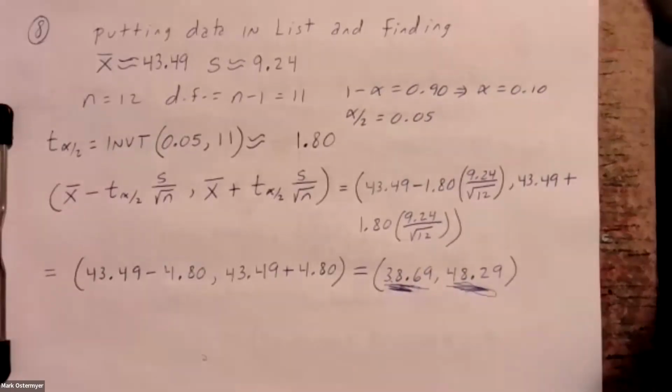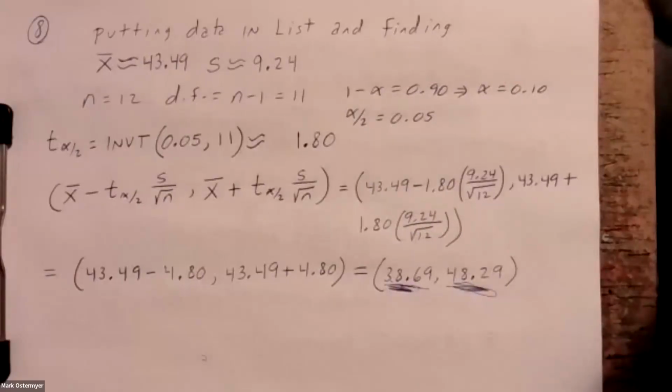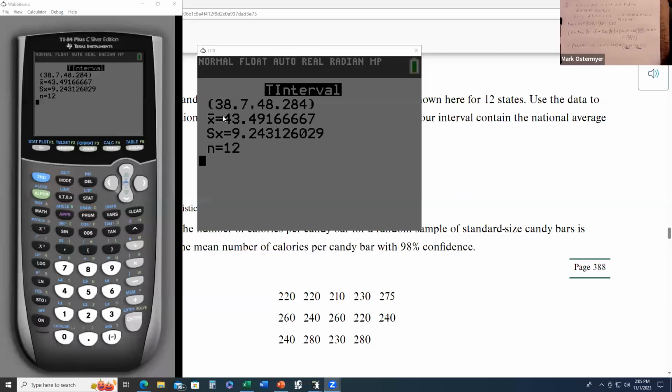Did anybody get something like that? Now, we can compare that with the T interval way of doing the problem on the calculator. You can see that we did get something very comparable, very close. Instead of 38.69, we get 38.7 for the lower endpoint.